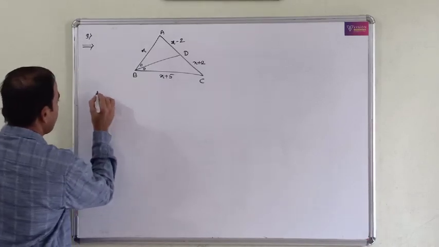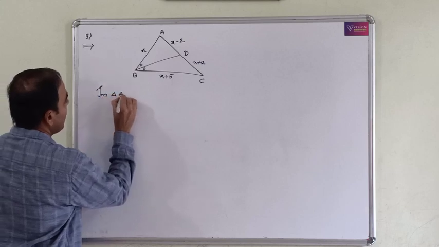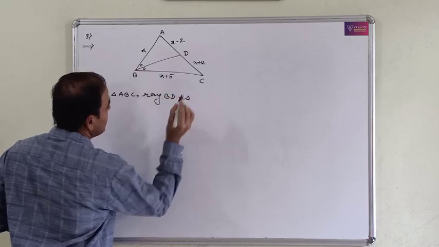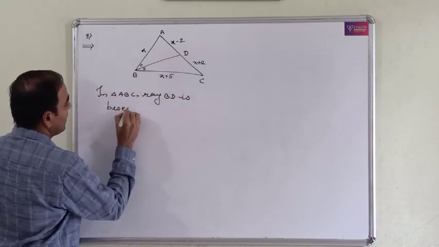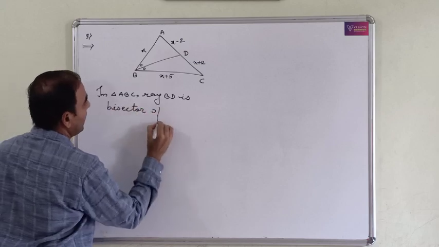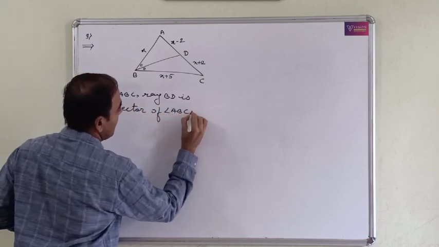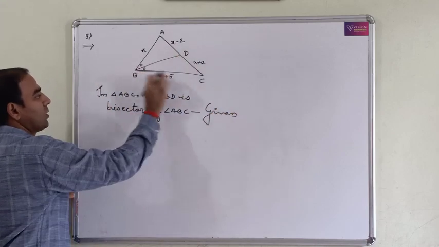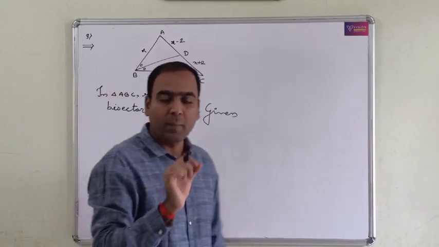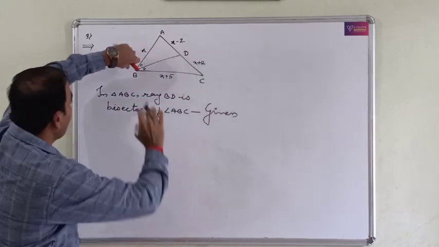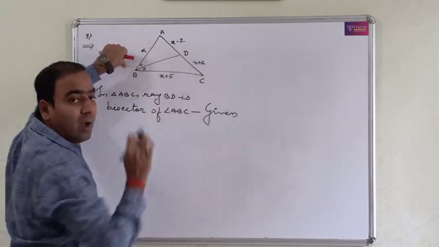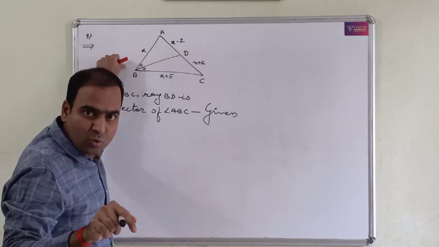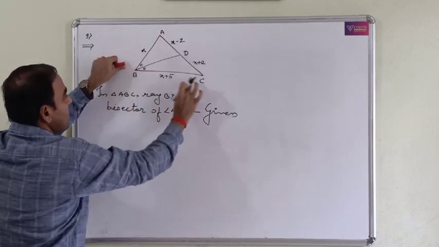So in triangle ABC, ray BD is the bisector of angle ABC. It is given. And you know by the angle bisector property, the angle bisector divides the opposite side AD upon DC in the ratio of the remaining two sides, that is AB upon BC.